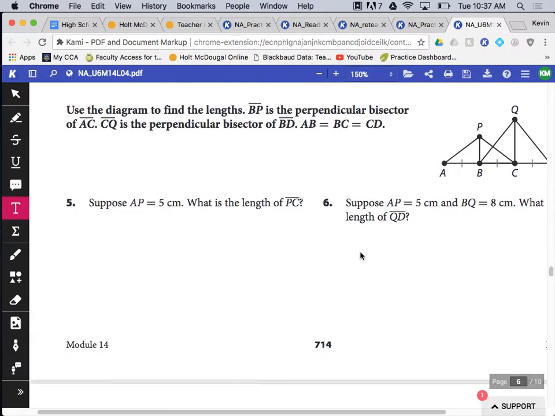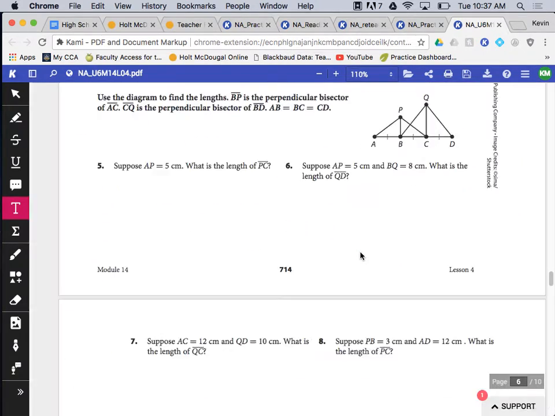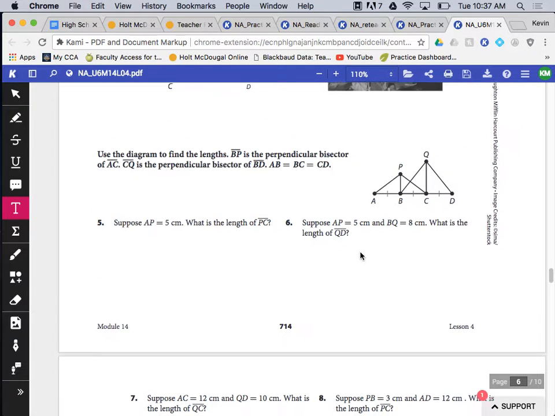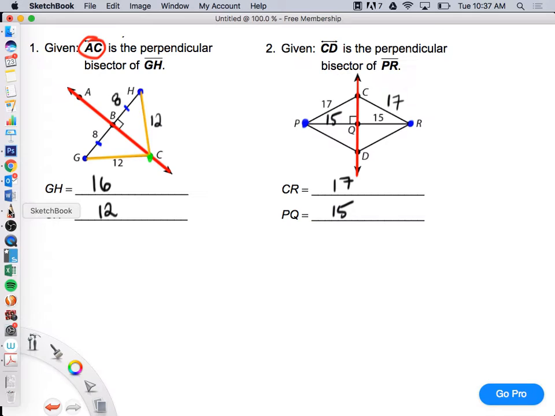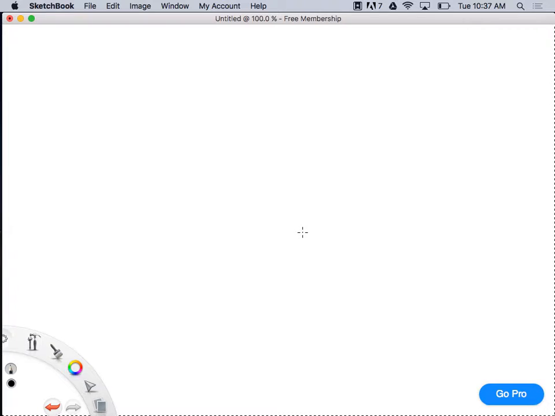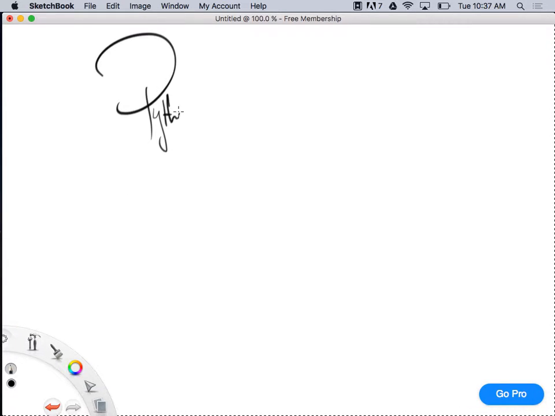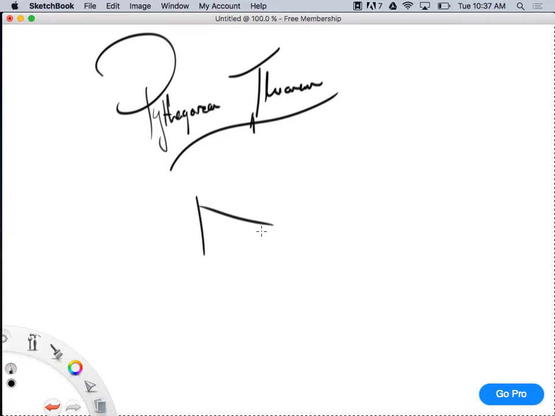Now, before I move on to the next thing, Pythagorean Theorem. What is Pythagorean Theorem? Nice. Pythagorean Theorem is if I've got a right triangle. That's not a right triangle. That's not a right triangle either.